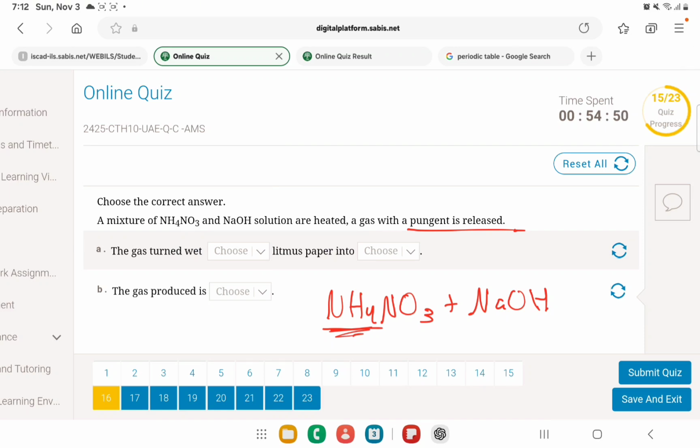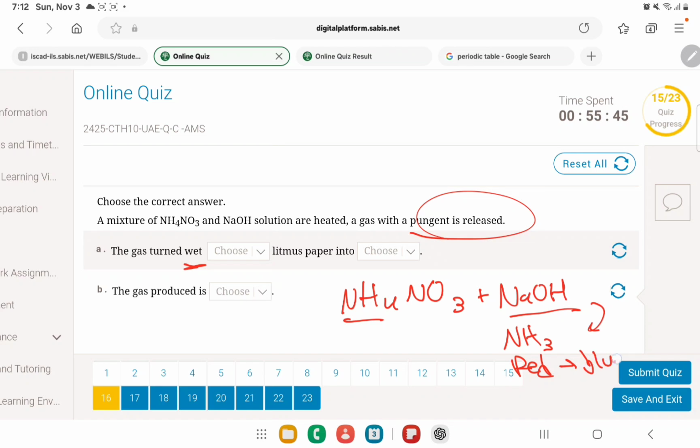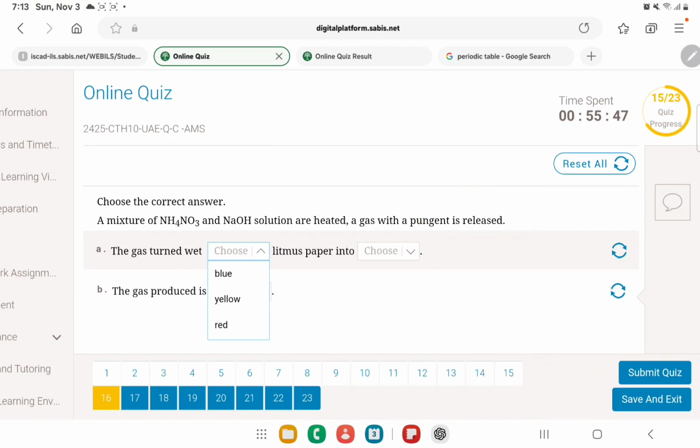If they added aluminum powder, which is the catalyst, then we'd know it's NO3. But no, it's NH4. Why? Because they only heated it. NH4 and the NaOH reacted to release NH3, which is the pungent smelling gas, which turns wet red litmus paper blue. So the gas produced is ammonia.